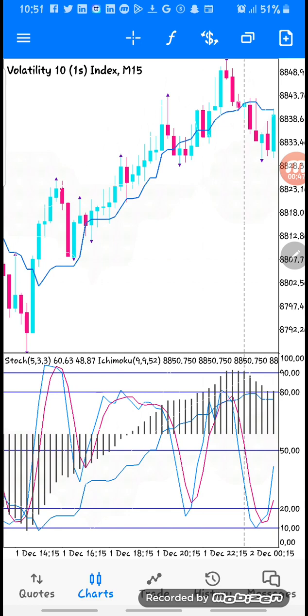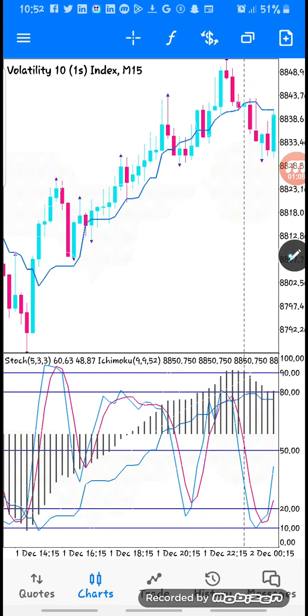But I use it on the 15 minutes time frame. You can get more acquainted with it, develop it more, and make more out of it. But for now, I only use it on the 15 minutes time frame. So this is how it works.